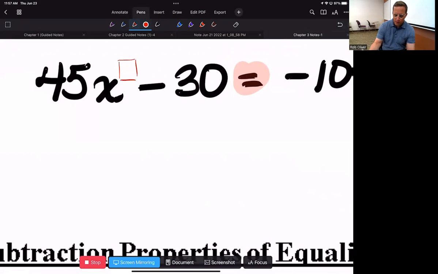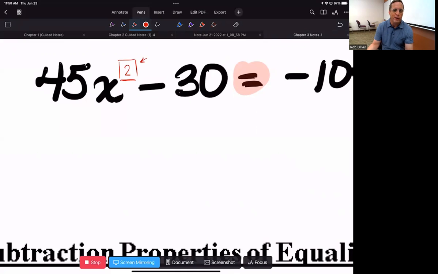If it has something else, let's say a power of 2 or a power of 3, it's not one solution. The exponent on the variable term is going to determine how many solutions, or possible solutions, there are.